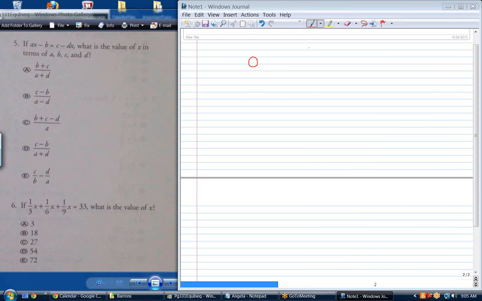Okay. See how good your algebra is. Okay, so it looks like I'm solving for x to come up with a, b, c, d. That's correct. So I get the x's on one side. Okay, so what's the next line I'm going to write?